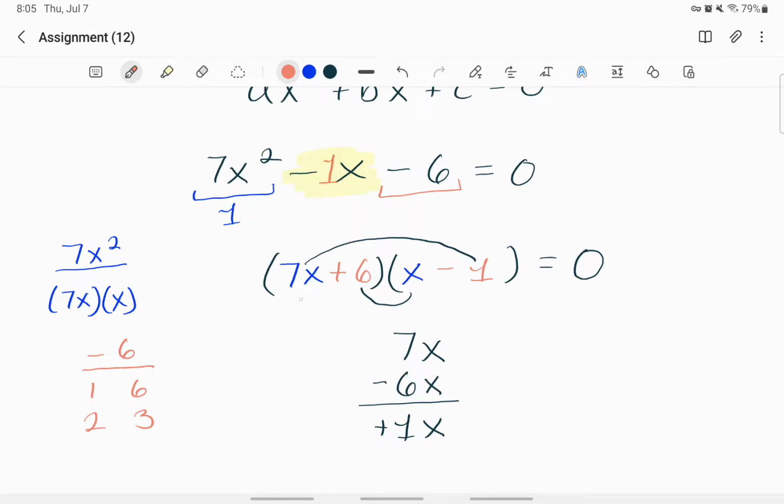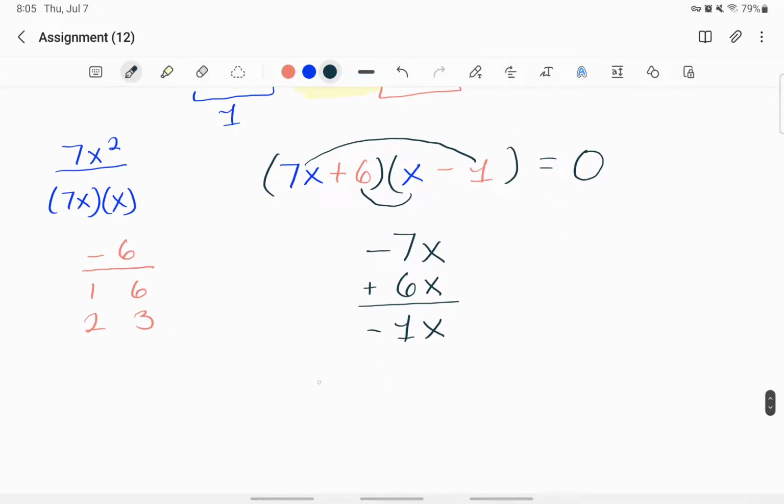Because when you do it now, 7x times negative 1 becomes negative 7x. Positive 6 times x is positive 6x. Negative 7x plus 6x is negative 1x, and that's equal to 0. So 7x plus 6 equals 0. x minus 1 equals 0.